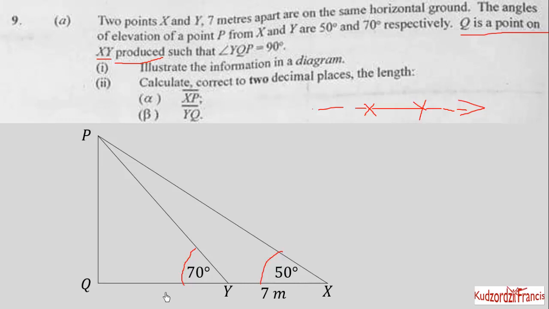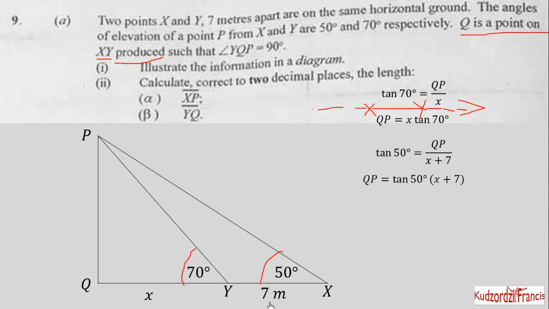So let's go. We know tan 70 will be equal to QP over x. So it means that QP is x tan 70 degrees. Then also tan 50 will be equal to opposite, which is QP over x plus 7 meters.